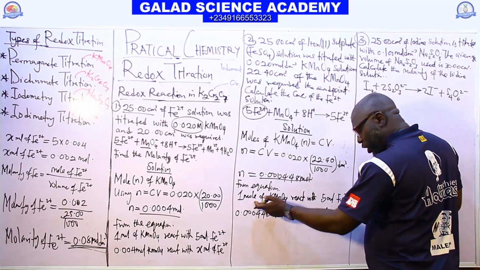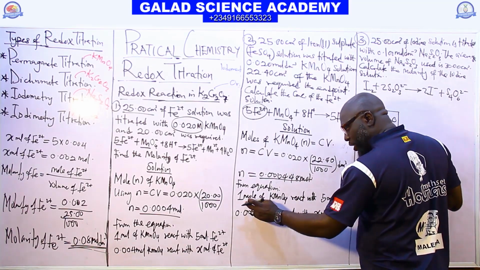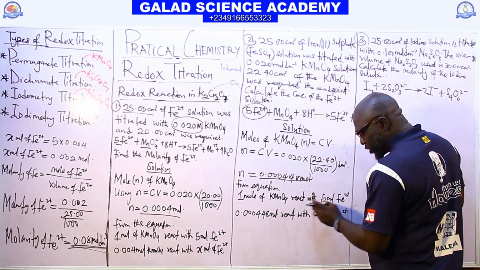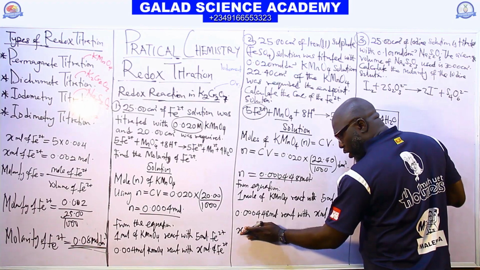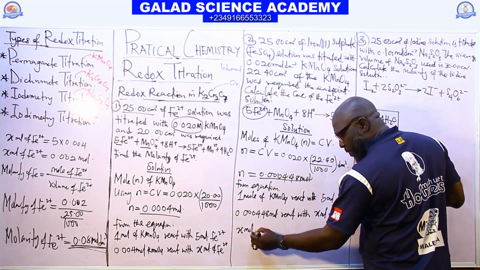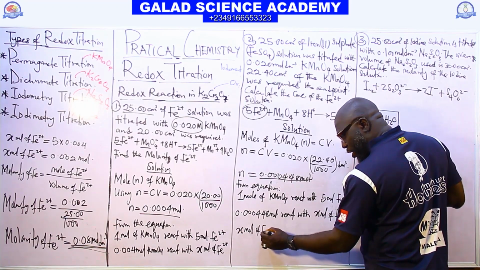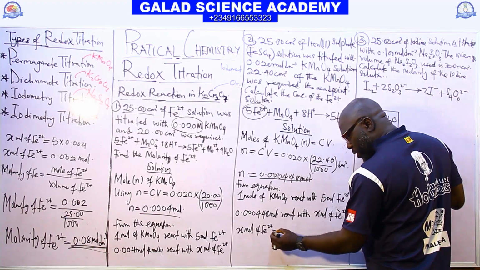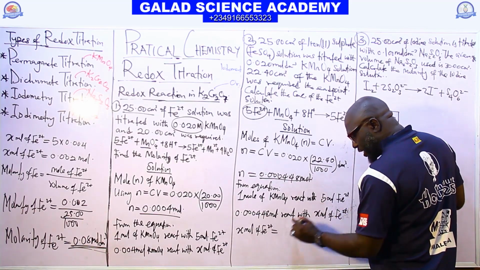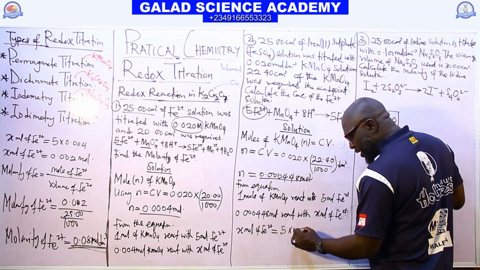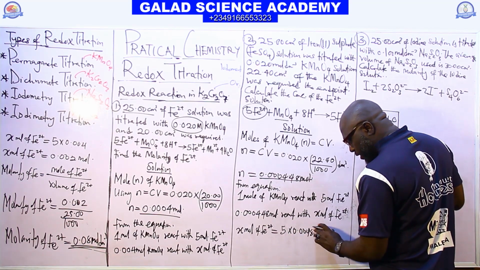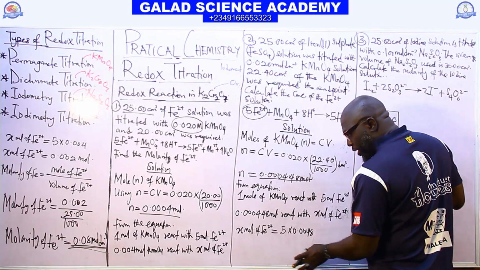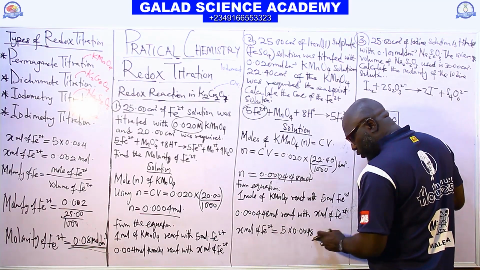So here we will now cross multiply. X times 1 mole, X, 5 times this. You now have the X mole of iron 2 ion will be equal to this times this, 5 multiplied by 0.000448. So here multiply by 1, divide by 1 to give you this.